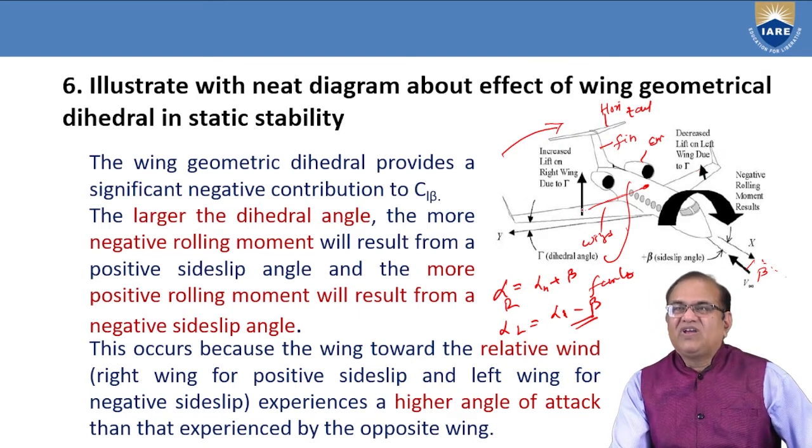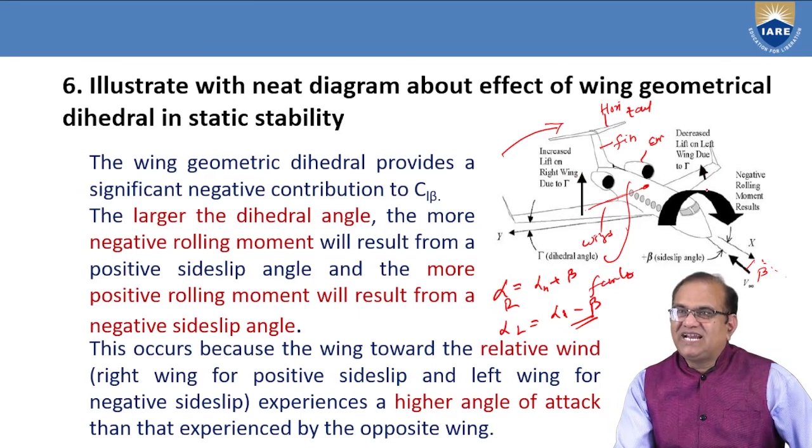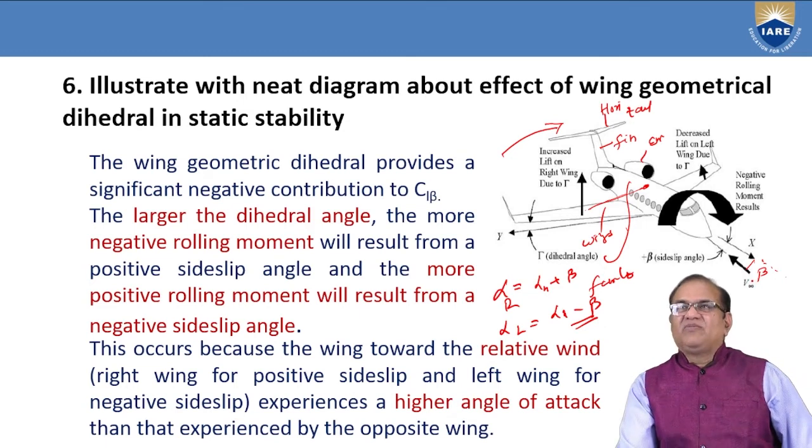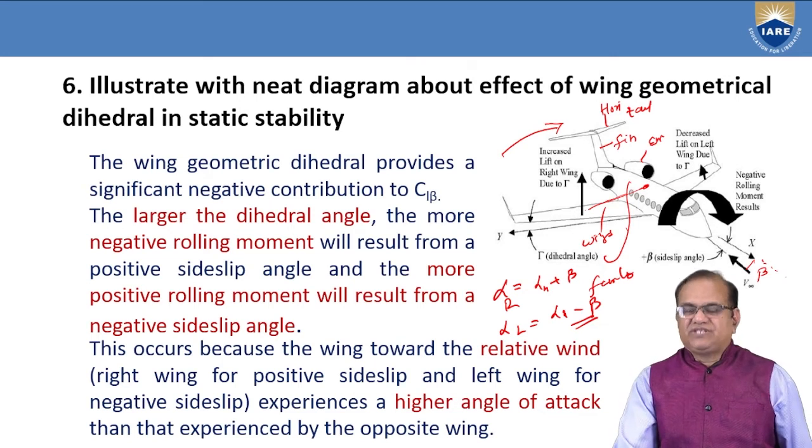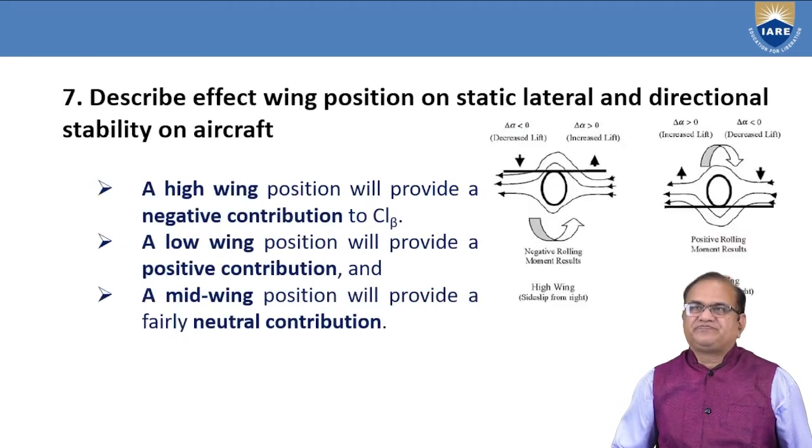So the right wing will have more lift and the left wing less lift, and this will generate a negative rolling moment, which is due to this positive beta. So the aircraft will be laterally stable. Okay, that is the issue we have to understand.